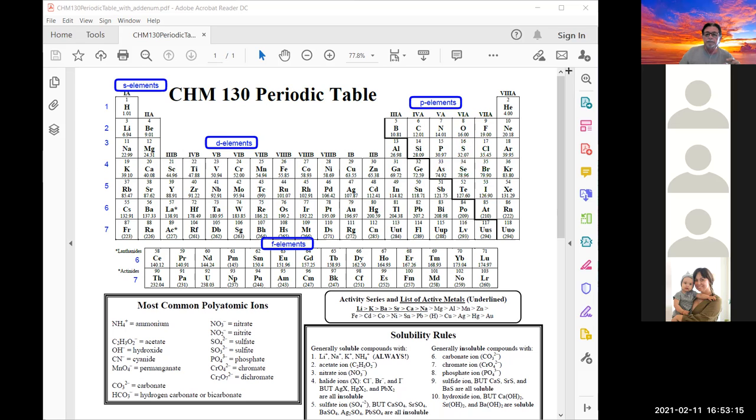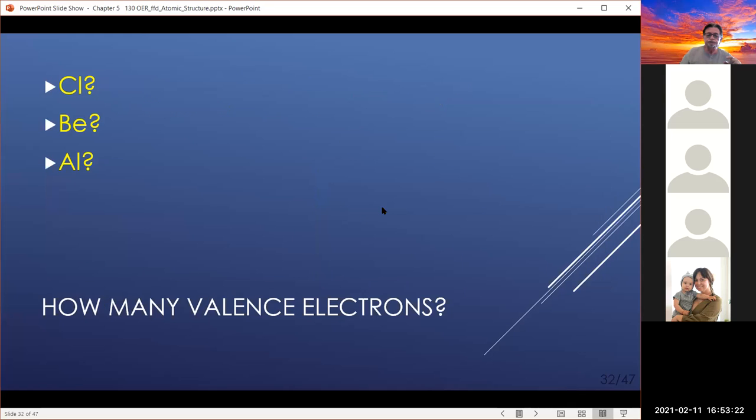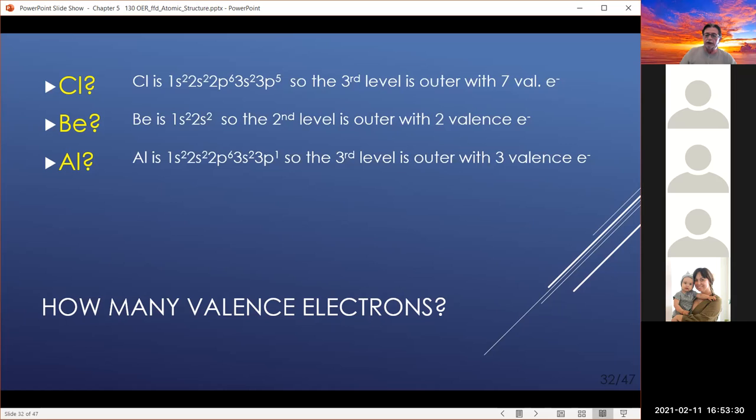All right. Let me go back to this. For valence electrons for chlorine, beryllium, and aluminum, we simply look for them on the periodic table. We can see that chlorine's in group 7 and therefore has 7 valence electrons.